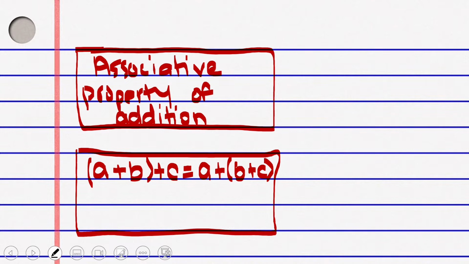All of those numbers associate with each other in addition, and the outcome is equal. So an example, negative 5 plus 4 grouped plus 6 is equal to negative 5 plus 4 plus 6, where 4 plus 6 is grouped. It's all addition all the way across. We can work that any way we want to, left to right. It's associative with the groupings anywhere.